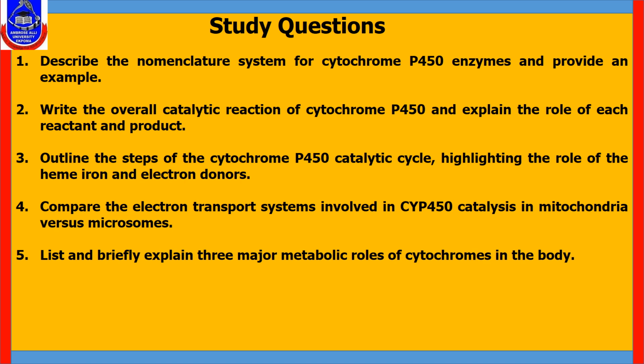Outline the steps of the cytochrome P450 catalytic cycle, highlighting the role of the heme iron and electron donors. Compare the electron transport system involved in cytochrome P450 catalysis in mitochondria and microsomes. List and briefly explain three major metabolic roles of cytochromes in the body.